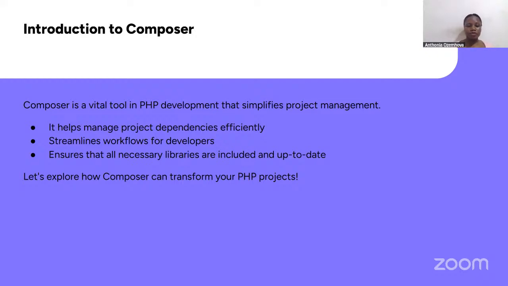For some of us that work with frameworks, when we install our framework or our projects, depending on whichever framework we're using, it comes with certain pre-written code, classes. These classes are what developers use to perform common tasks without having to write the code all over again. So basically, Composer ensures that all the necessary libraries are included in your application.